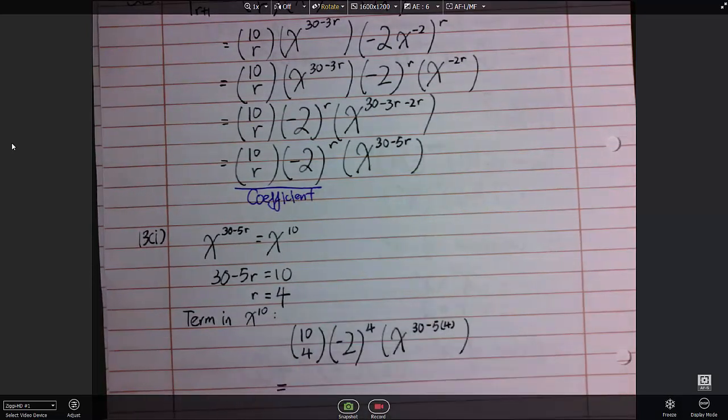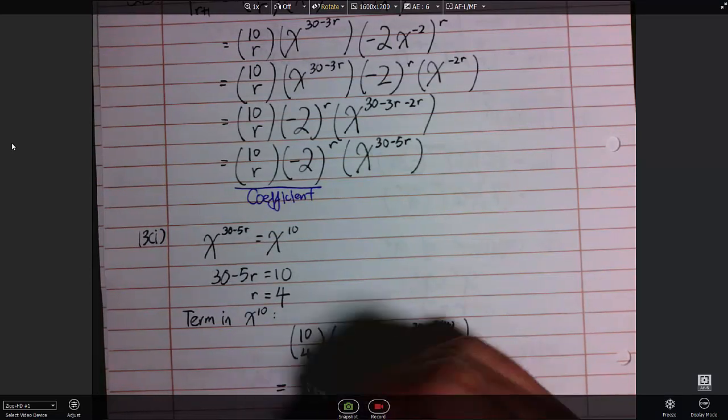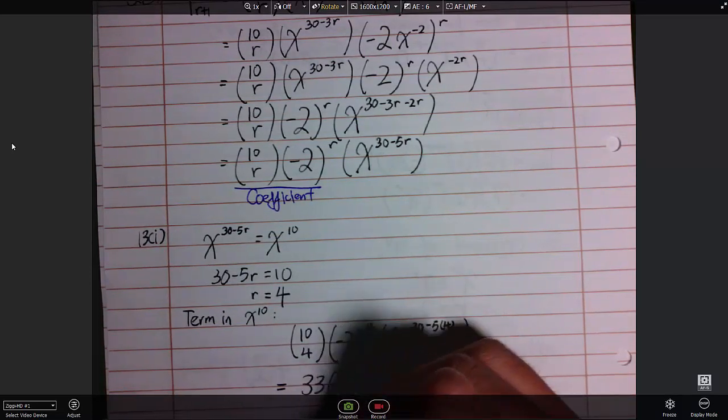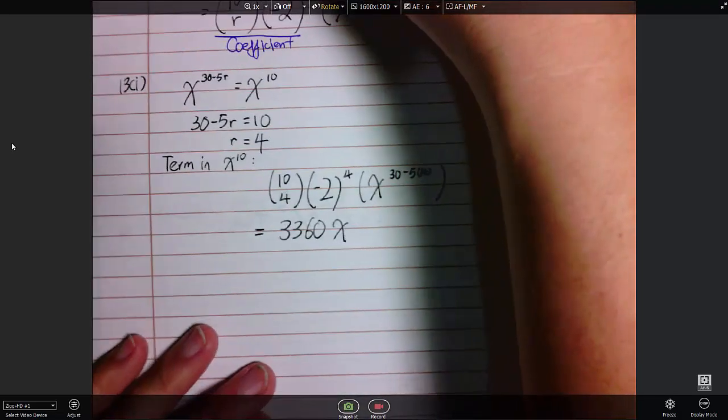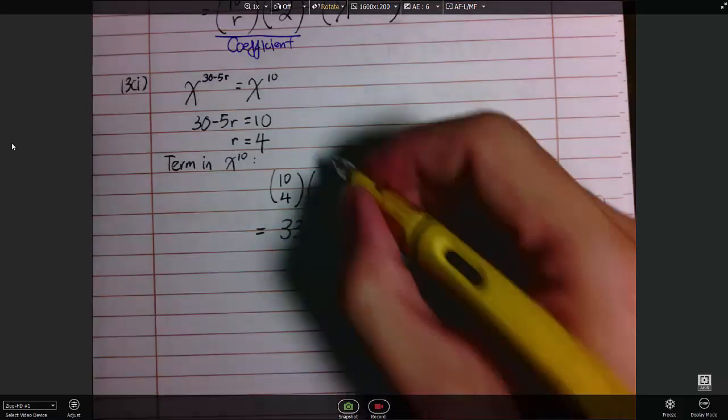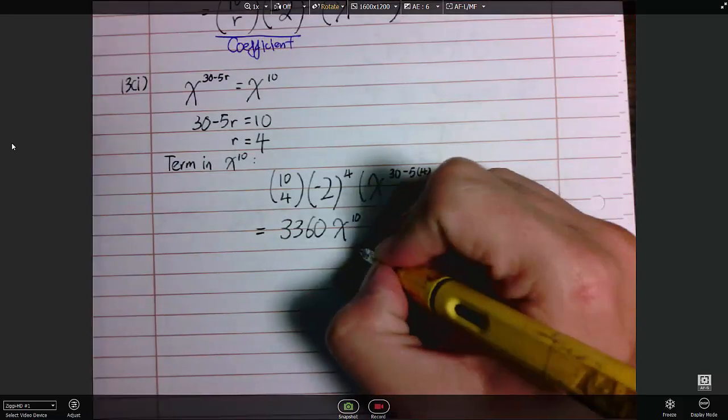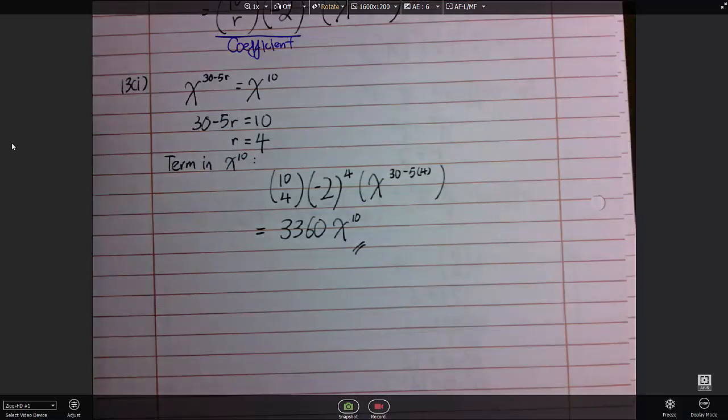If we work everything out, this times this will give me 3360 x to the power of 30 minus 20, x to the power of 10. Everything works out fine, and we have the term in x to the power of 10.